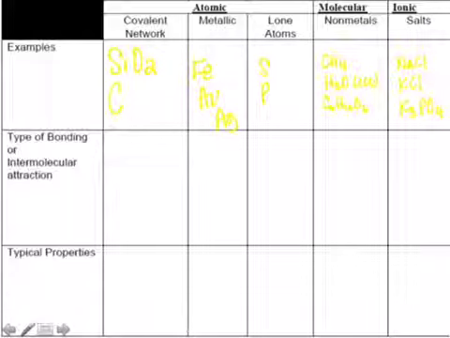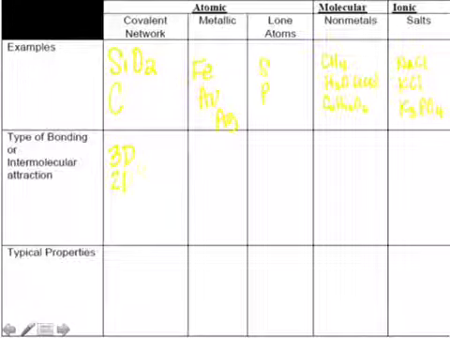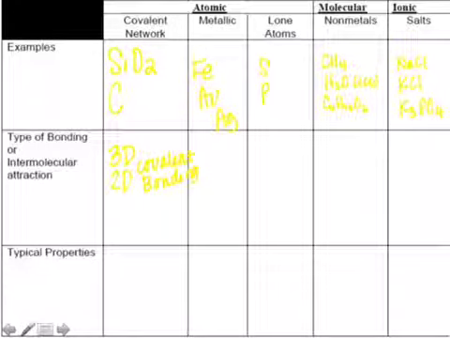So what type of bonding is going to occur in our covalent network? If you think of carbon, what type of bonding do we have there? 3D covalent bonding, which gives us a strong lattice.